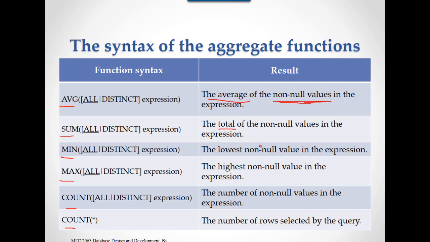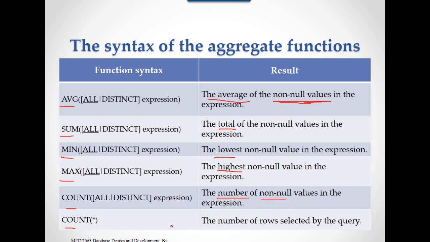The second one is the sum function. It finds the total of all non-null records in the column, and the min function finds the lowest of the non-null values, and the max function finds the highest, the top value. The count function counts the number of records which are non-null.